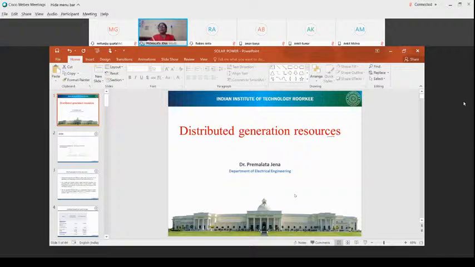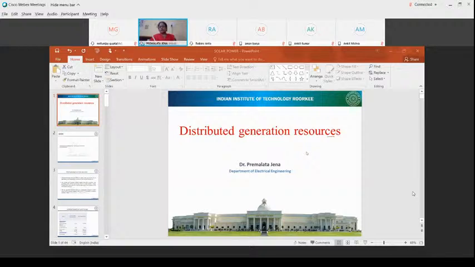Coming to the components of the smart grid system, a very important part of the smart grid environment, technology, or network, you can say, is the distributed generation resources. What is this? The very important point that next comes to your mind. What are distributed generation resources?